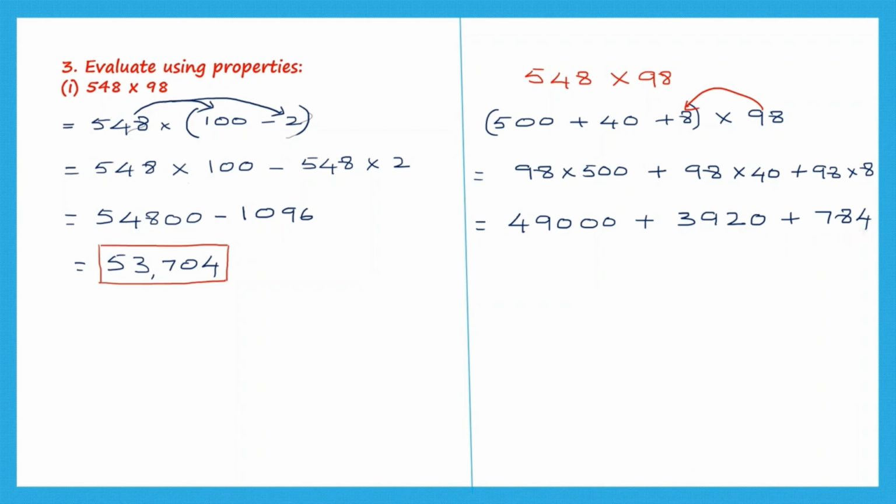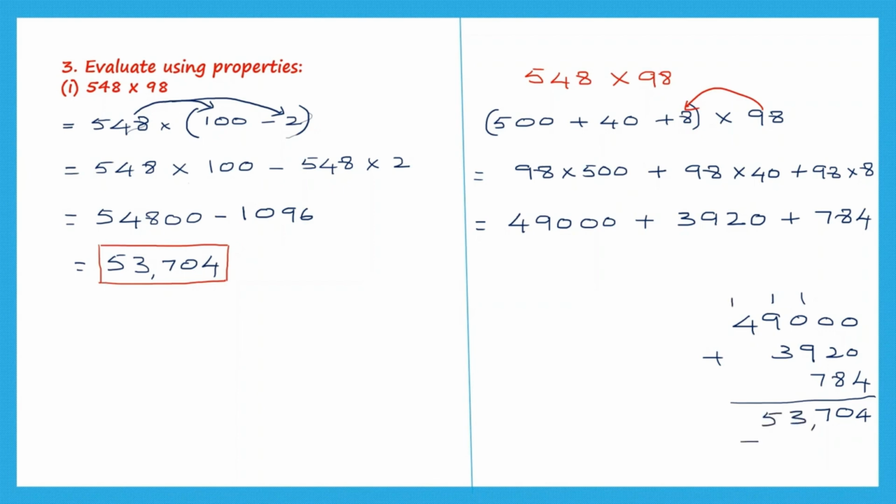So now we have 49,000 plus 3,920 plus 784. So let's add up all these. So 4 and then 2 plus 8 is 10, carry 1. 1 plus 9 is 10, 10 plus 7 is 17, carry 1. 9 plus 1 is 10, 10 plus 3 is 13, carry 1. 4 plus 1 is 5.